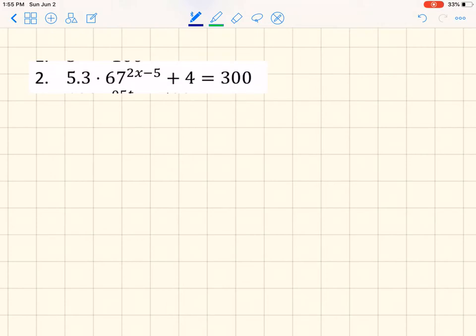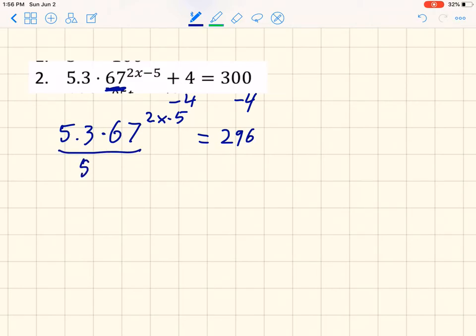Okay, for this second problem, we need to isolate the 67 to the 2x minus 5. That's going to be the first thing that we need to do before we take a log. So we're going to have to subtract 4, and we're going to need to divide by 5.3. So let's go ahead and do that now. Subtract 4. So 5.3 times 67 to the 2x minus 5 equals, what's that going to be, 296.